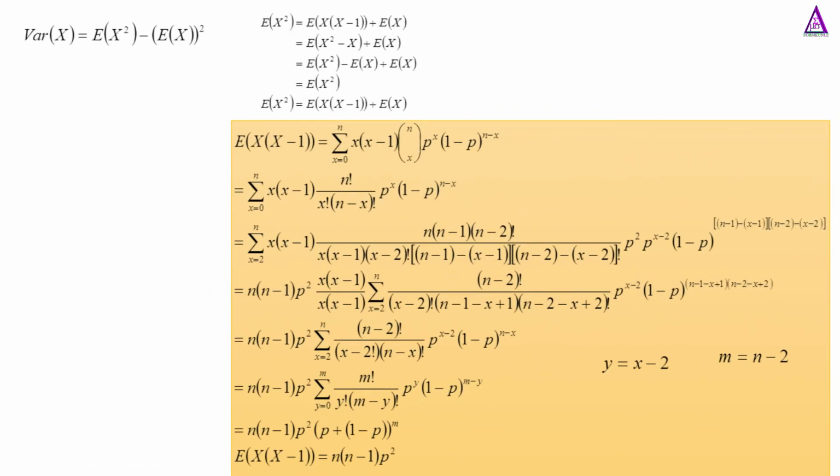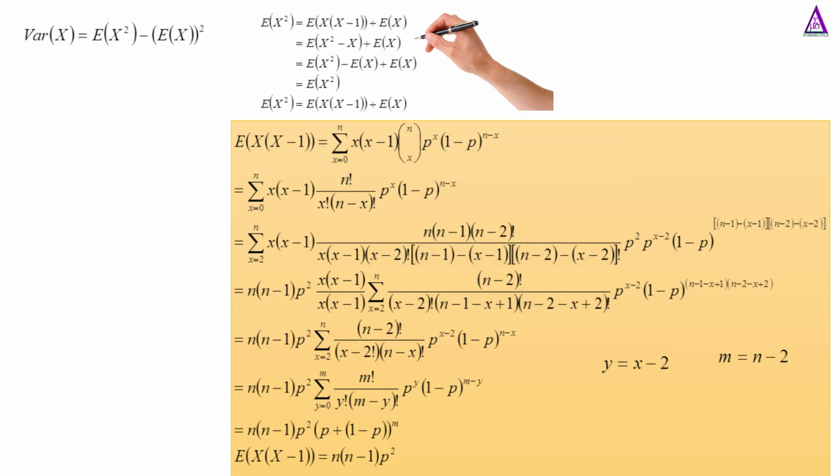To prove the variance of the binomial distribution, variance of x equal to expected value of x squared minus the bracket expected value of x raised to power 2. That is to say, expected value of x squared can be expounded as.